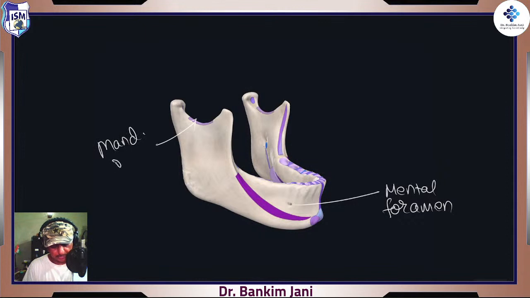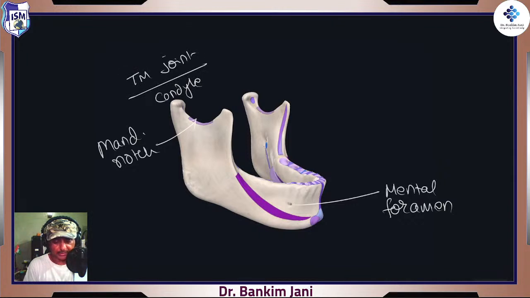So this is the mandibular notch, and that is the condyle. That is the condyle, and this is what will be forming the TM joint, correct? And this one is the coronoid process. Coronoid process, so important as it will be giving support to a few muscles, right?